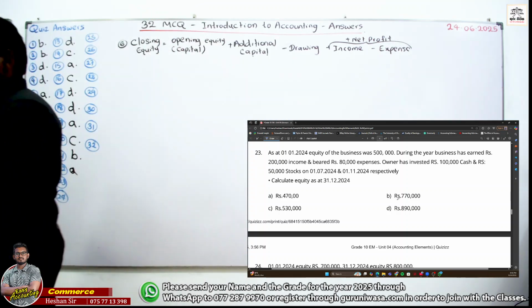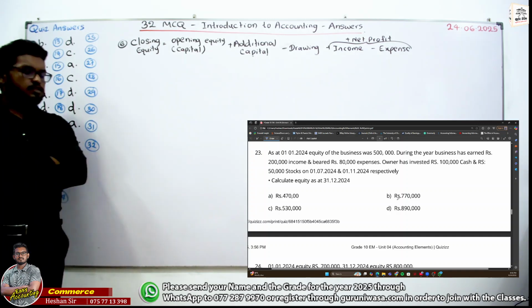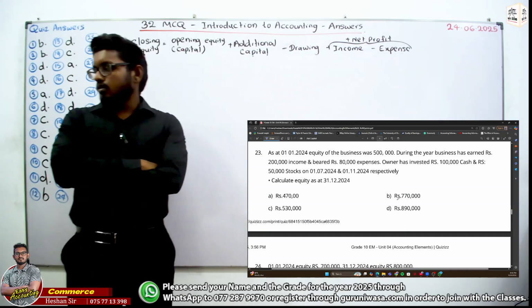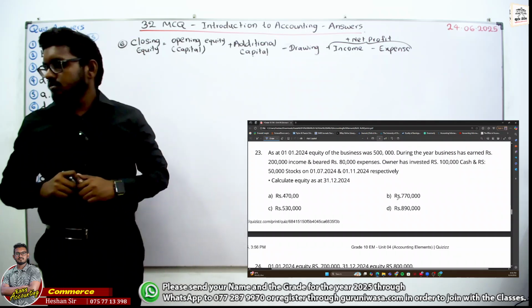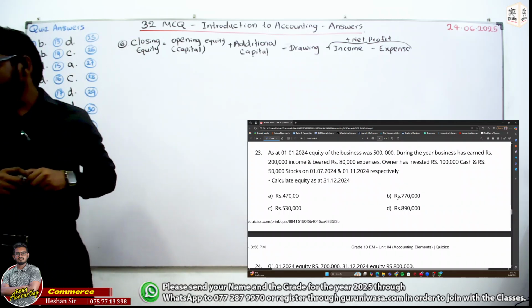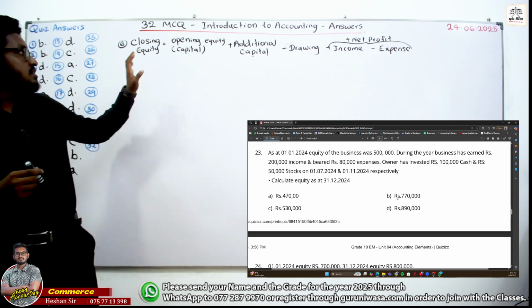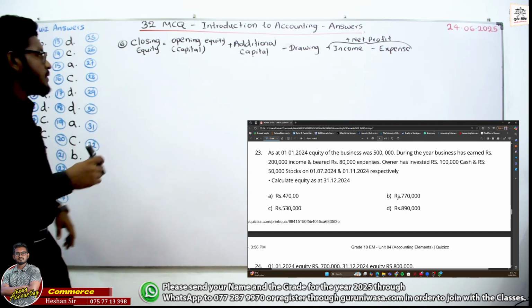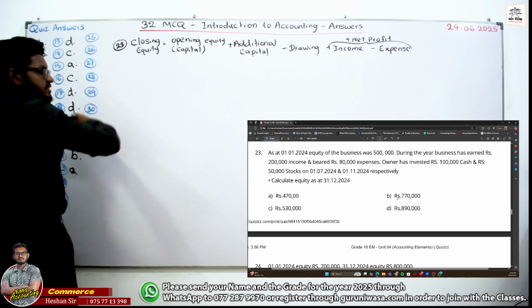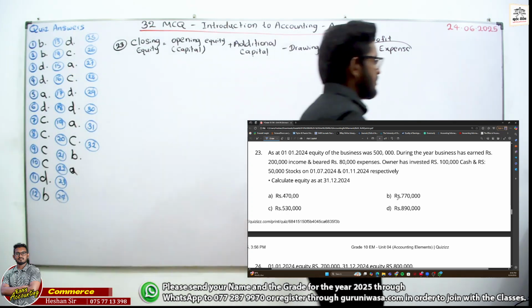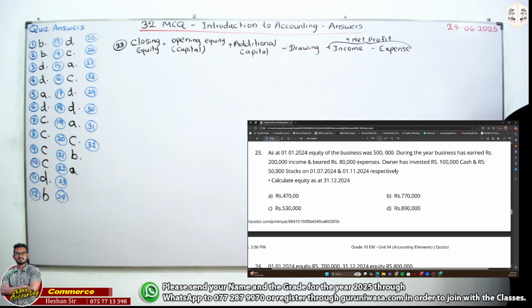Next one. As at 1st January 2024, equity of the business was 500,000. What is the requirement they are asking? Closing equity. Question 23.